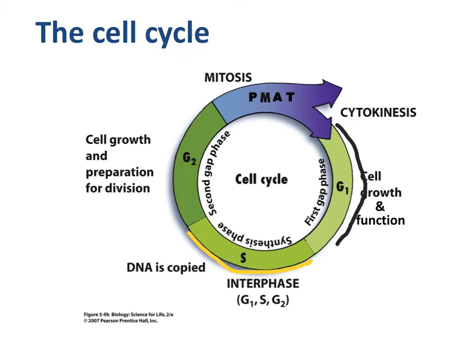Now, when a cell is going to divide, it needs to actually copy all its DNA, not just the part that cell needs, like a muscle cell. It copies the whole genome, and that's called S phase. Okay, right there.